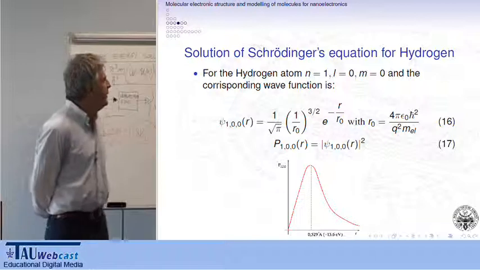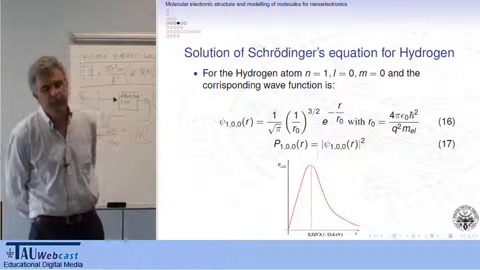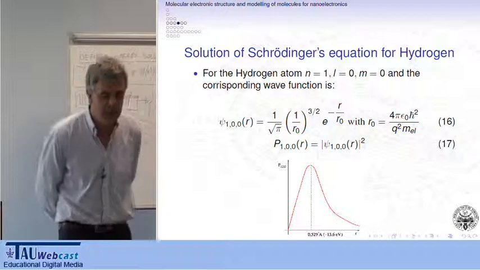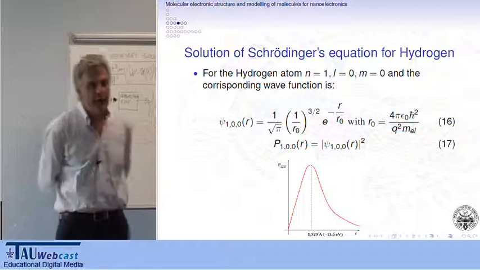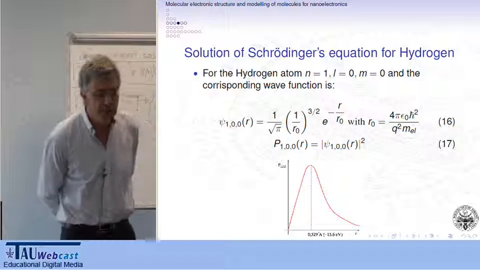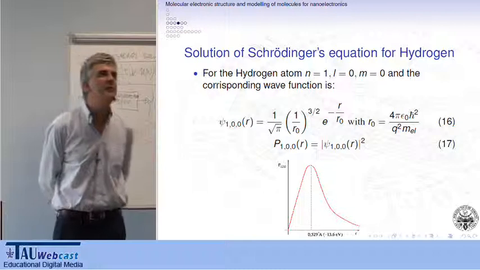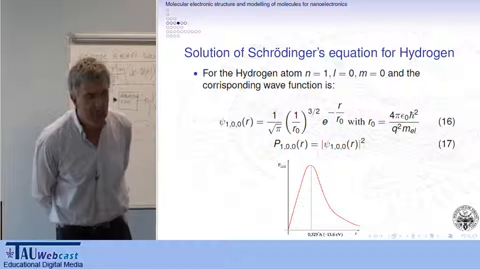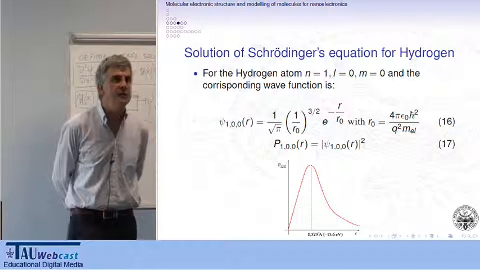So we can try to draw the density of probability associated with this wave function. You have just an approximate sketch there. And you see that the probability to find the electron around the proton is this kind of curve. So you can differentiate this curve and find the maximum, and the maximum will be the radius of the hydrogen atom.